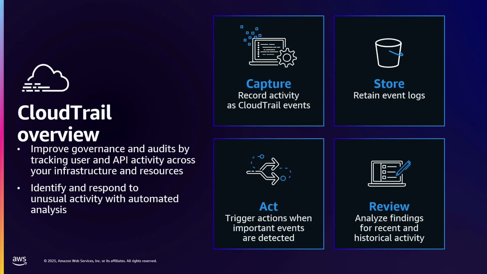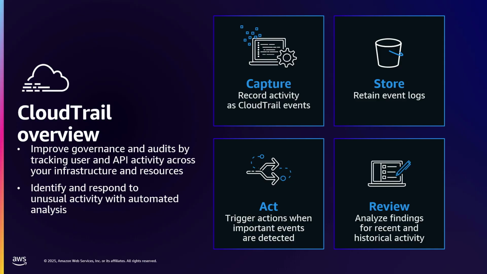A quick overview about CloudTrail. Hopefully most of you are familiar with what the service does, but foundationally CloudTrail acts as an audit for all the activity that any account in AWS is performing. So it captures all the different API actions that are performed on the different AWS services.